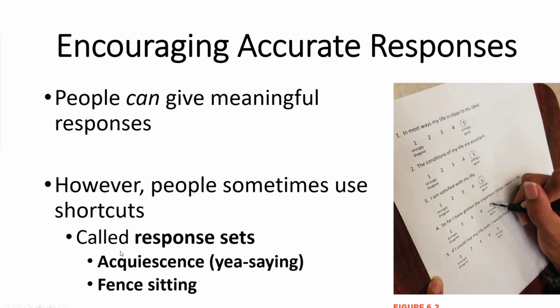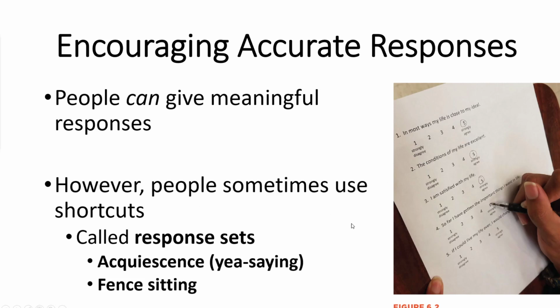So one of the most common ones that you'll see is called acquiescence, or yea-saying, which is basically you agree with every statement that's given. So you would say, my life is close to my ideal. Sure. Conditions are excellent. Sure. Satisfied. Yes. Yes. Yes. You stop reading them and you just say yes.